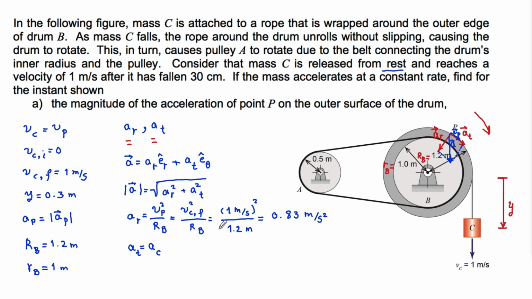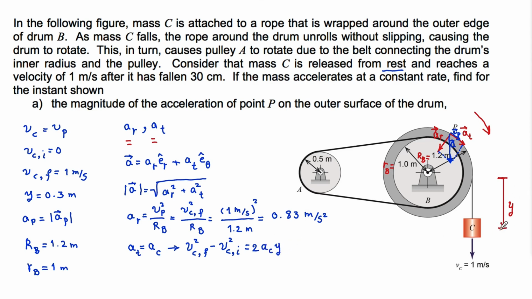To find it, we can use this equation from, again, kinematics: VCF squared minus VCI squared equals 2 AC y.